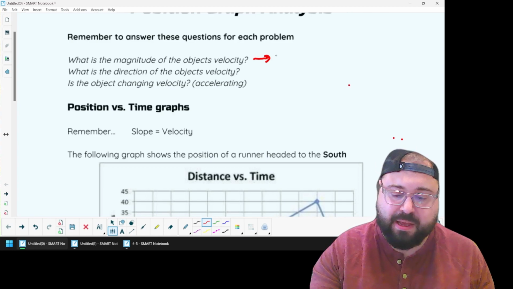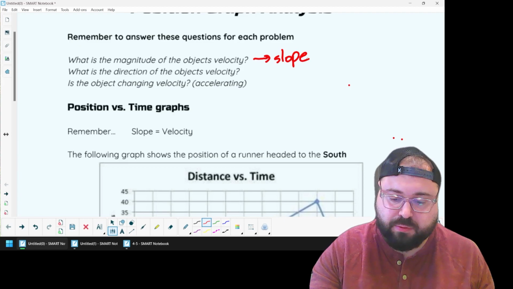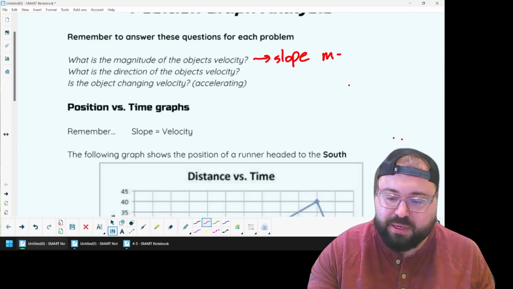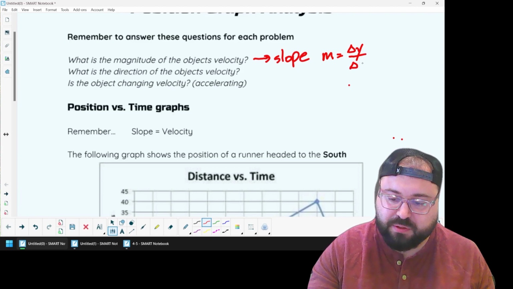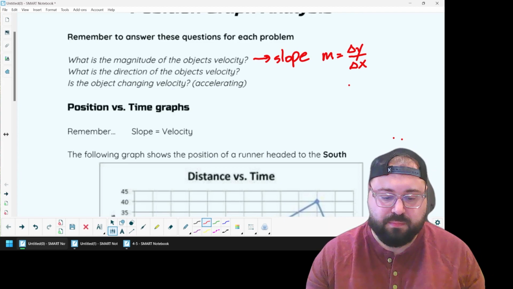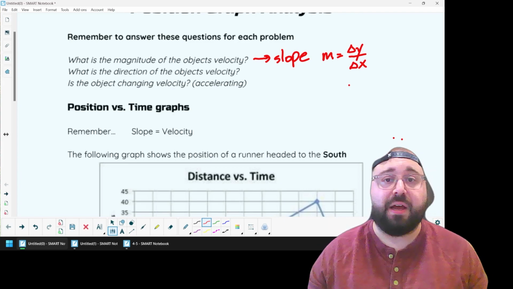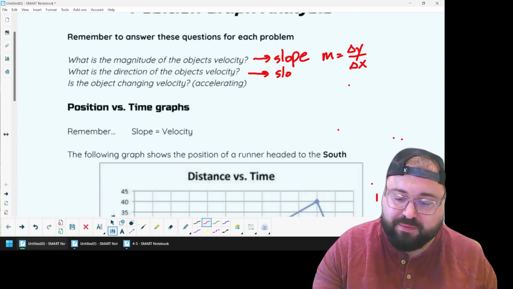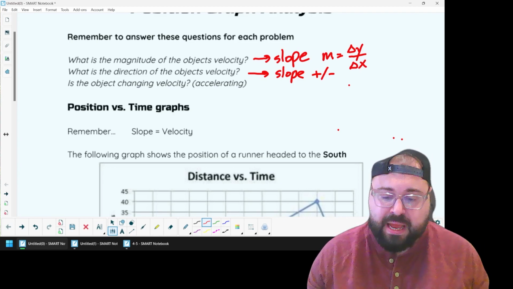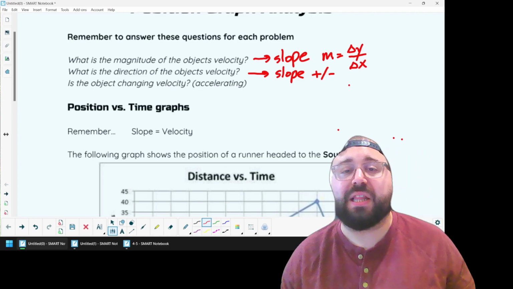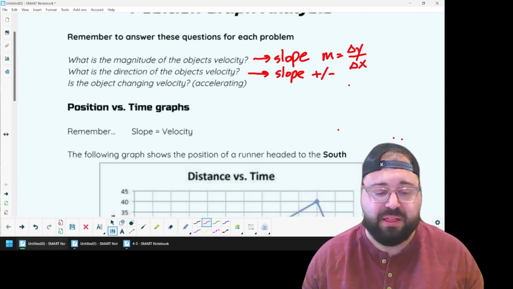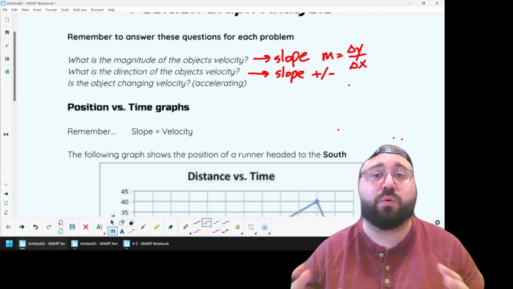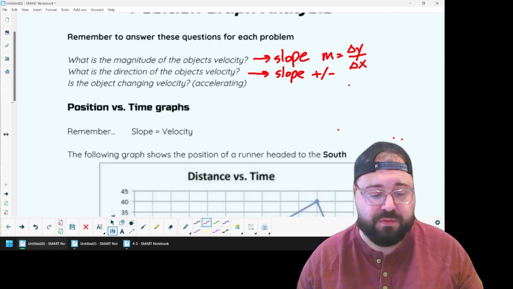We're going to do that by finding the slope, and we could find slope using the same slope equation we've used in math for years: rise over run. The direction of an object's velocity we could find by, again, looking at the slope of this type of graph, and whether or not it's positive or negative. And then, is the object's velocity changing? We can look at that by seeing if the steepness or the slope is actually changing over time.